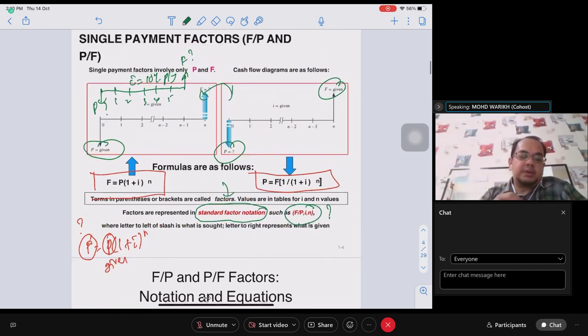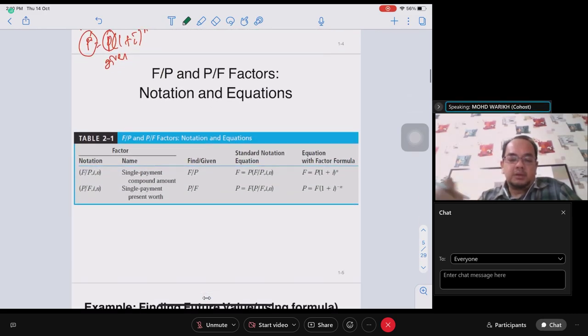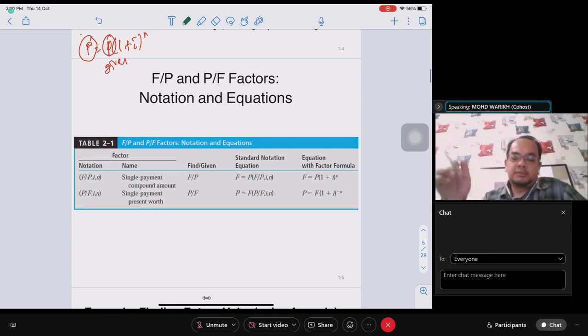The first one is about the cash flow diagram and the formula. You have to remember, and it depends on this. For the first thing, the first cycle, we just discuss S over P and P over F.